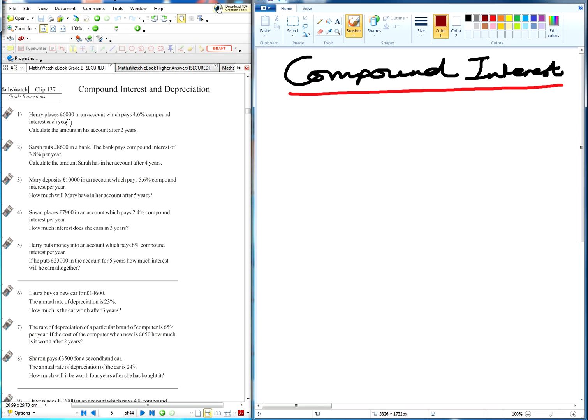It says Henry places £6,000 in an account which pays 4.6% compound interest each year. Calculate the amount in his account after 2 years. I'm going to change the numbers, so this Henry actually has £7,000, and the account pays 3.5% compound interest.